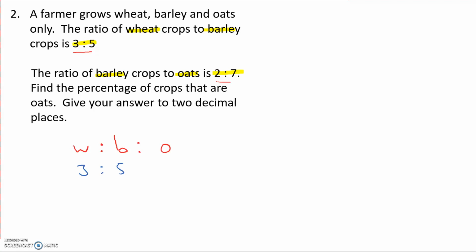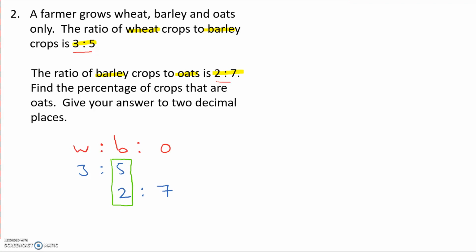And we know the barley to oats ratio is 2 to 7. So we've got 2 separate ratios, and I really want to combine them into one 3-part ratio. And the key to doing this is realising that if I could get this central number here the same, then I could lump together my 2 ratios.